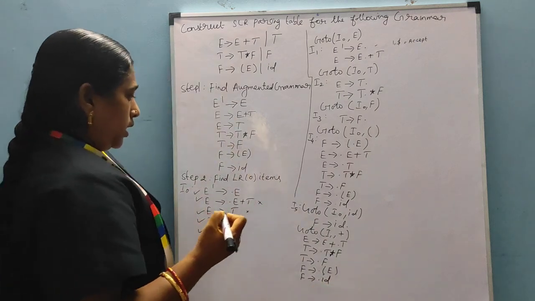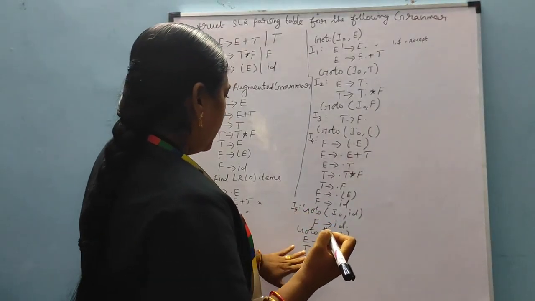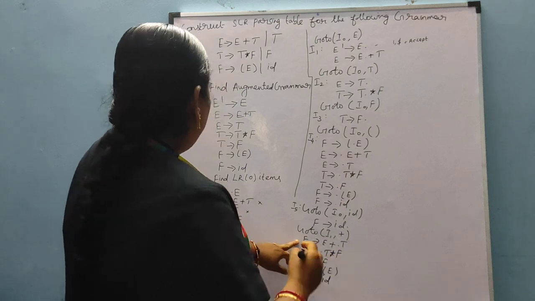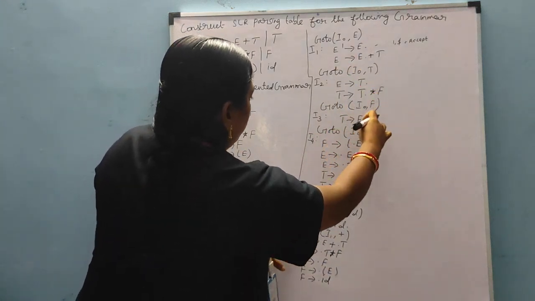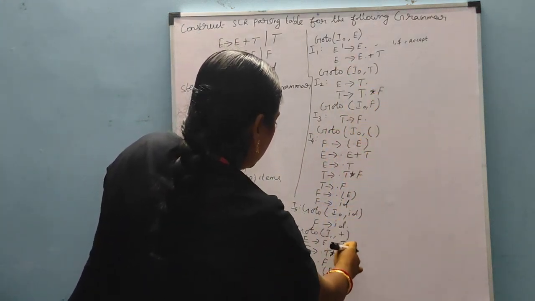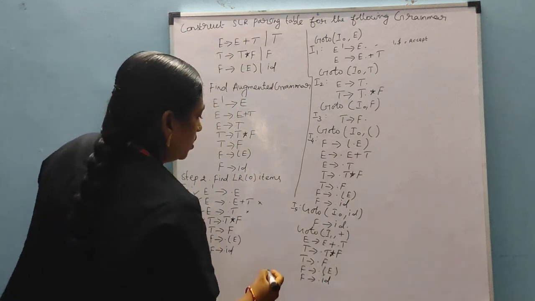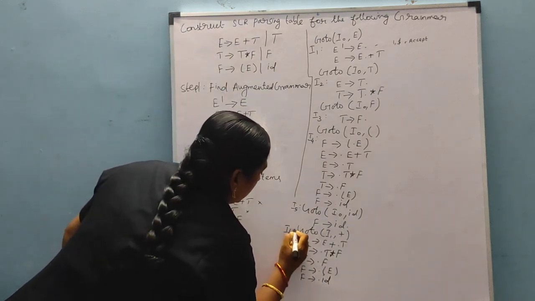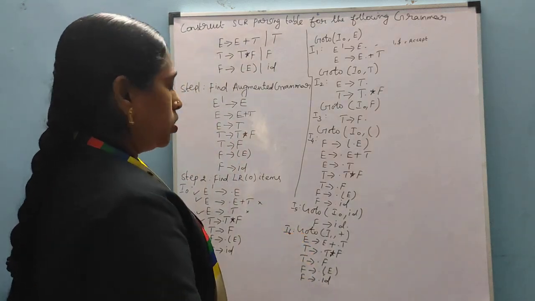Okay, well, is this a new production or an existing one? Check from all the states. We have to check all the states. Yes, this is a new one. So you can make it like the I6 state.